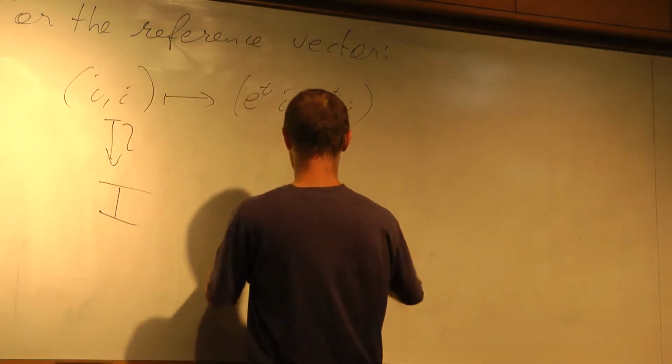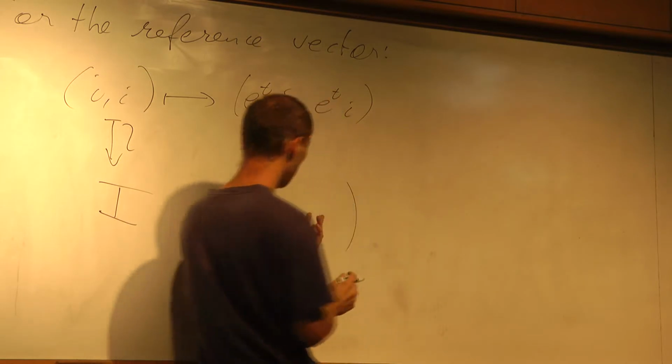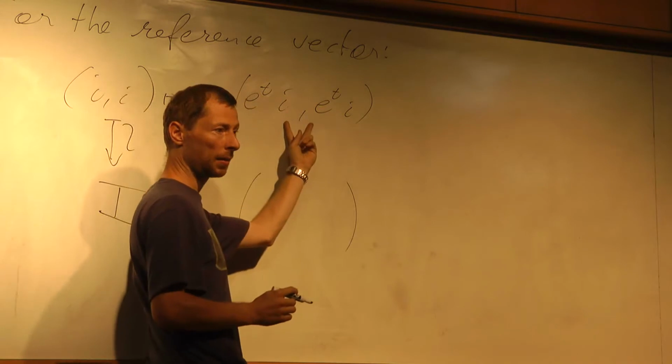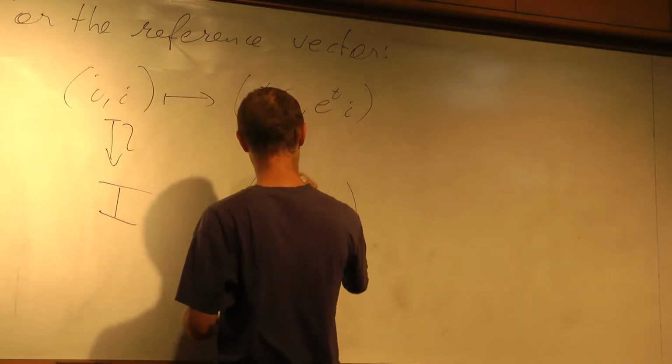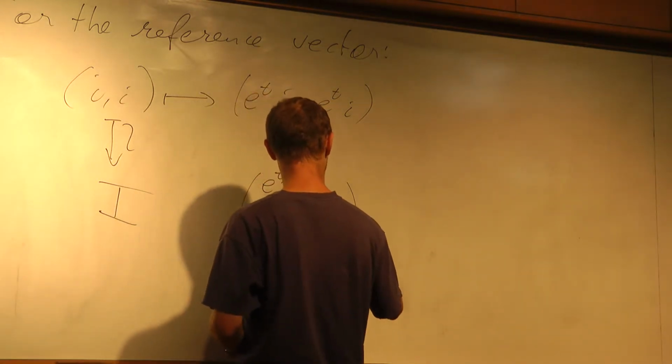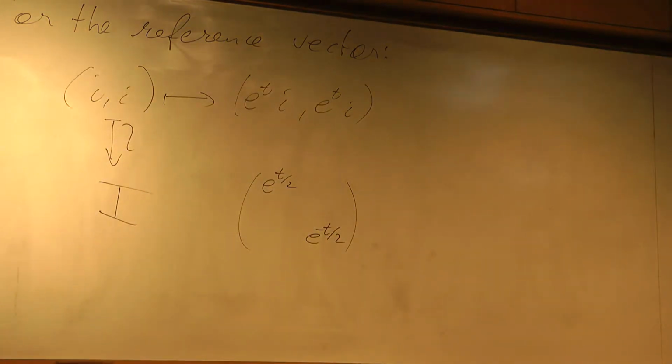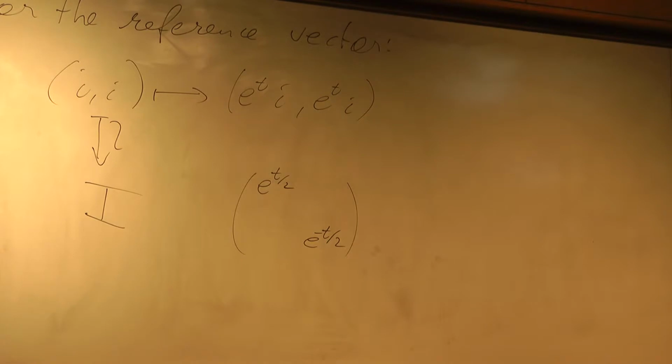I need to find a matrix so that when I apply the matrix to i, I get precisely this. And this is the correct expression: if you take e to the t over 2, e to the minus t over 2 and apply it to i, you get e to the t i.